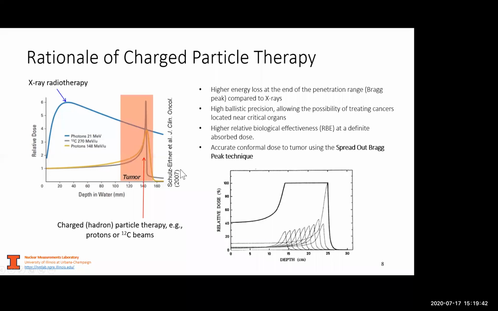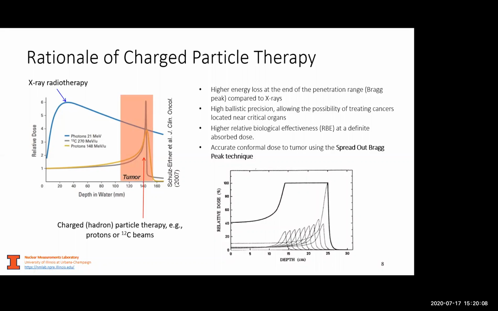The physics tells us that it is the location in space where the particles lose most of their energy, but also have the highest ionization density. And that's where they deposit most of their energy, again, causing the highest damage to the cells.